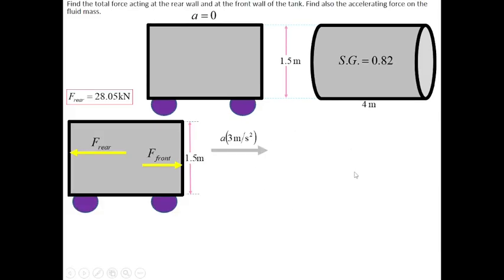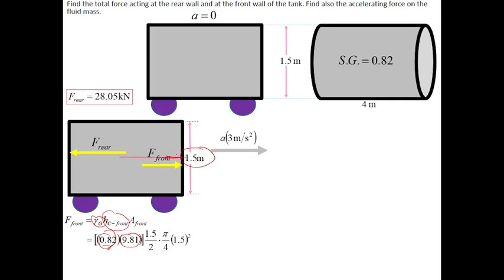Next, the front force. Let's solve for the front force. For the front force, same formula. So we have specific gravity of gasoline, 0.82, h_c front, multiplied by the specific weight of water at 4 degrees Celsius. Yun yung specific weight of gasoline. h_c front, kalahati lang na 1.5, no?